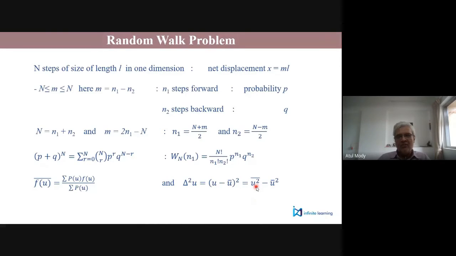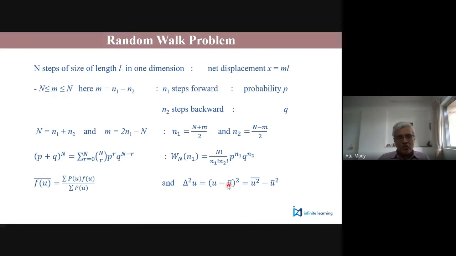Just look at it, first term will be u square, second term will be minus 2u bar u, and third term will be plus u bar square. So remember, if I take average of this, first term will be u square bar. Now second term was minus 2u bar u, and if I take average, the u also will be averaged. So it will become minus 2u bar square.